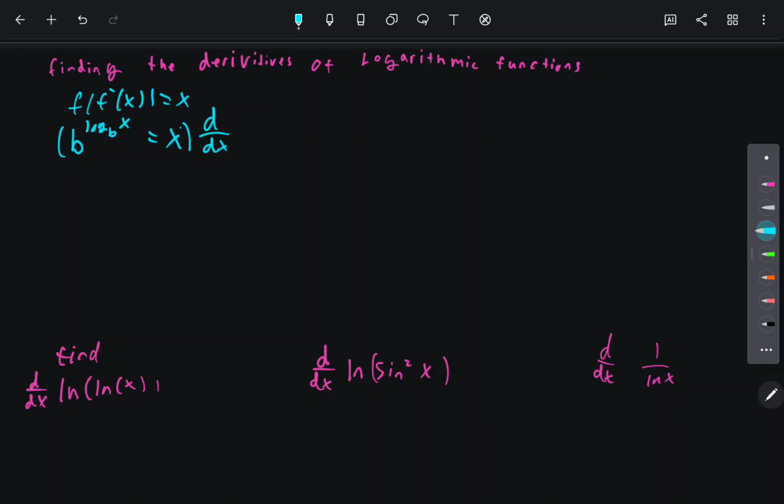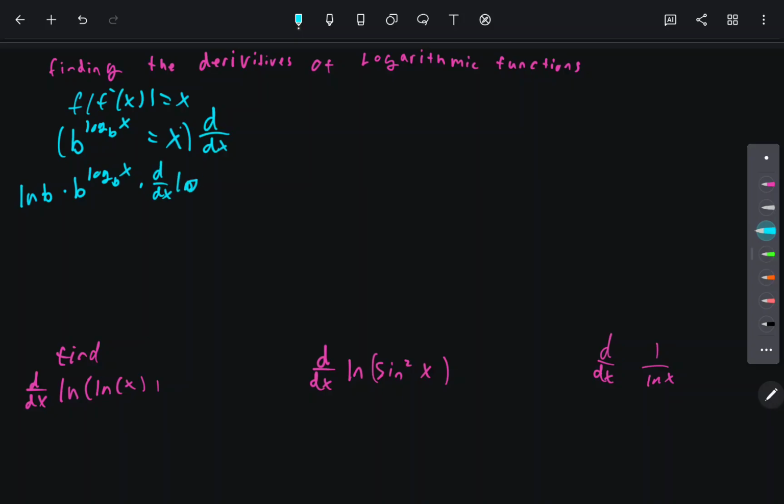We've done it before. The derivative of an exponential is the natural logarithm of b, times the exponential itself, and that is times the derivative of this inside, which we don't know yet.